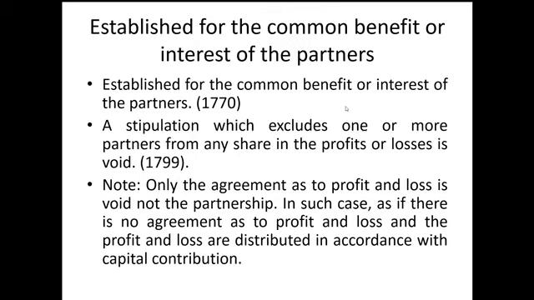And stipulation excluding industrial partner from losses is valid. Okay, reason because the law itself exempt an industrial partner from losses. Pero kung capitalist yan, exclude mo sa profit and loss, void. Okay? Pero pag industrial, stipulation excluding sa profit, void. Pero excluding from losses, valid.